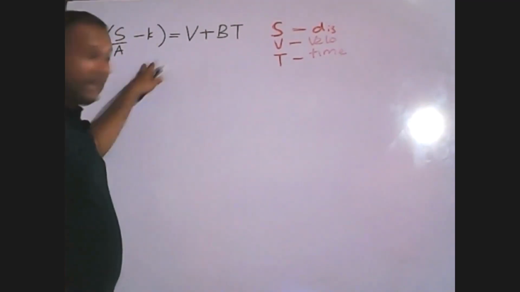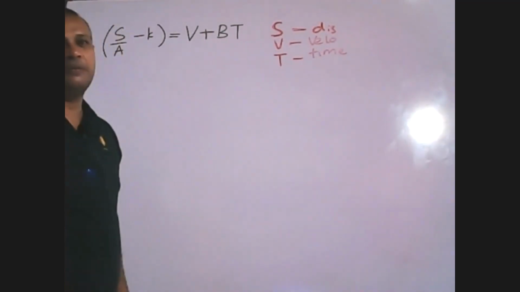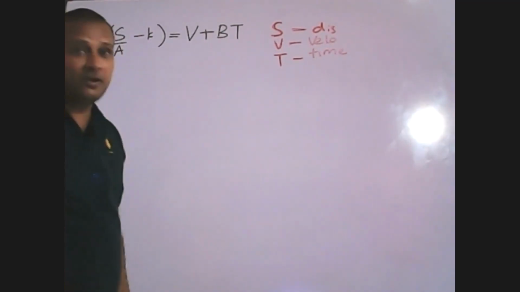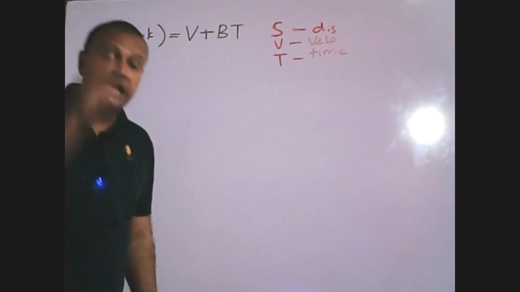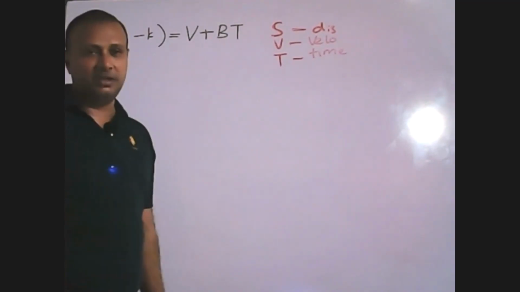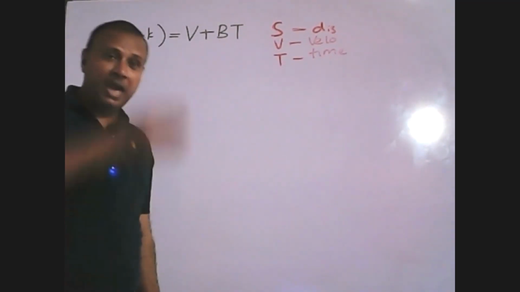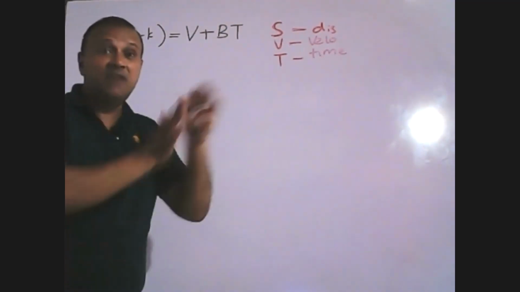Because in here, velocity is the non-physical quantity. Therefore, each and every term should have the dimension of velocity. That is our point. That is our argument.